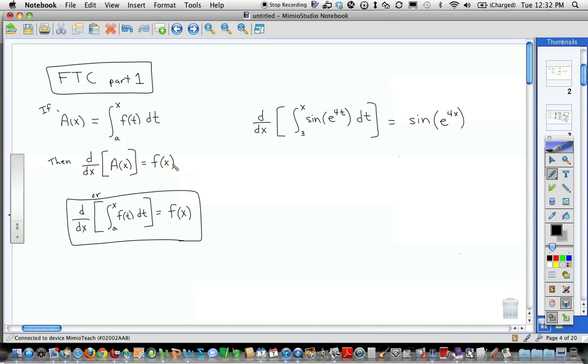You would still get this because that left endpoint only determines a plus c, and when you do the derivative, the plus c goes away. Okay, so that you might see, but otherwise, fundamental theorem part 1 is just about the idea that the area function is the antiderivative.